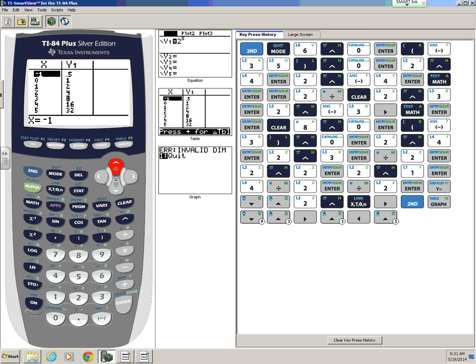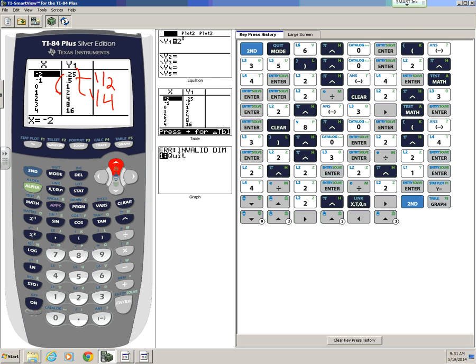And then 2 to the negative 1 is a half. And then 2 to the negative 2 is a quarter. Hopefully you notice that this, which is really a half, is the reciprocal of 2 to the first. This, which is really a quarter, is the reciprocal of 2 to the second.